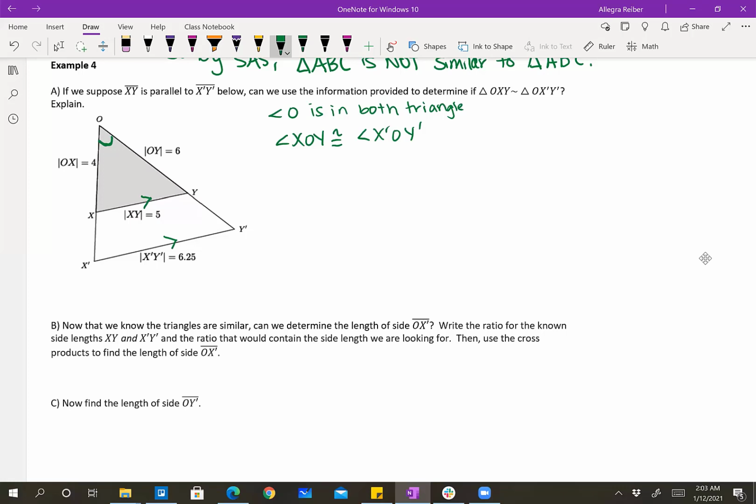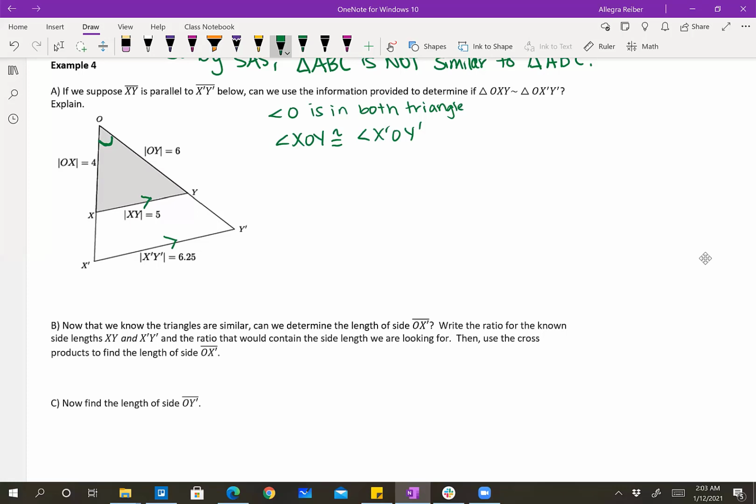Now what I'm going to need to do is either find another angle, right? Two angles is enough for similarity, or I would want to check proportionality of sides. Here's something I noticed. I don't really have side-angle-side information here.